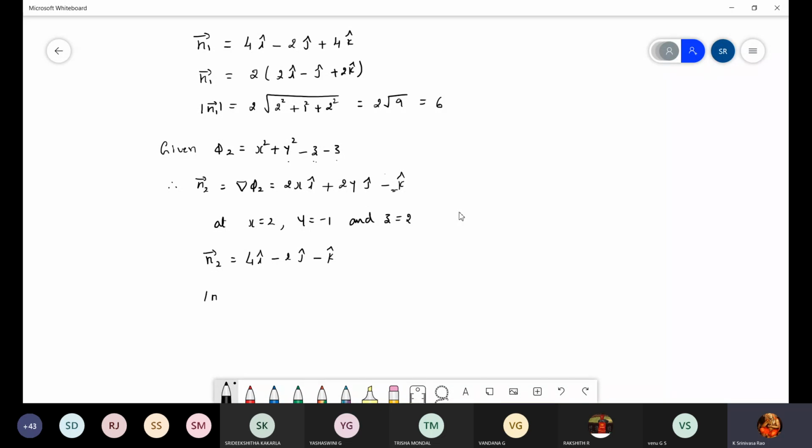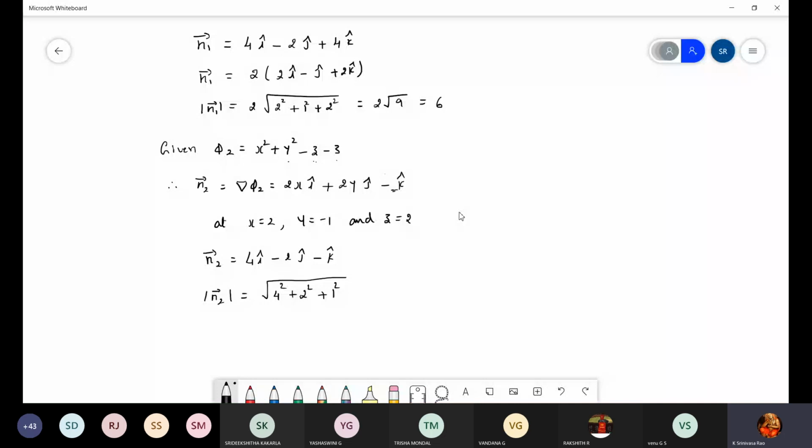I can't take any number common here, so let it be: the magnitude is 4 square plus 2 square plus 1 square. Is there any doubt? Even though it is a minus, I am not writing minus.